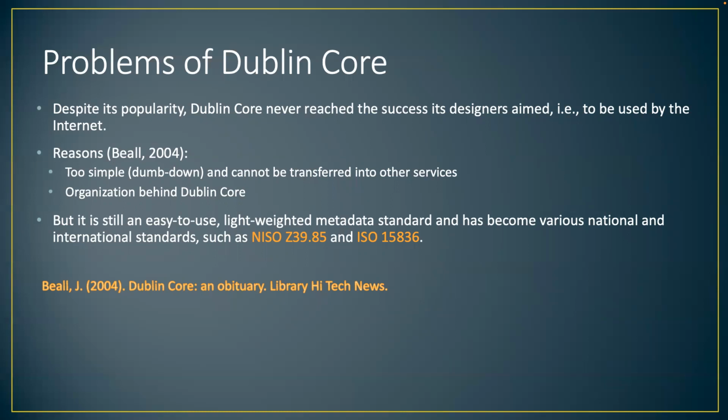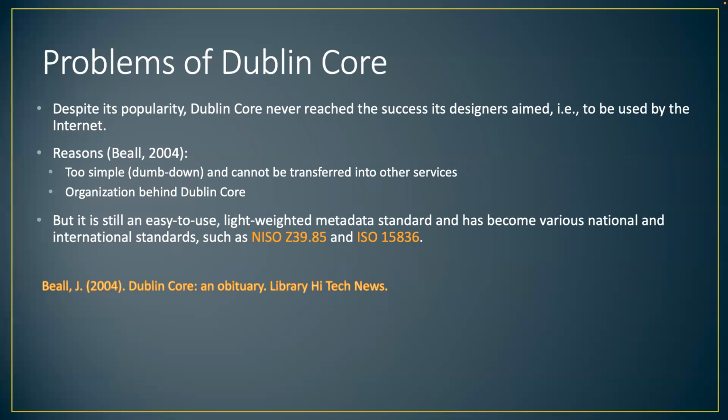And the two reasons he gave include, first, that Dublin Core actually offers a too simple data structure. So after dumbing down from all the other sources, the information stored in Dublin Core format in some databases cannot be used to support very advanced searching functions. That's a very big problem of Dublin Core.